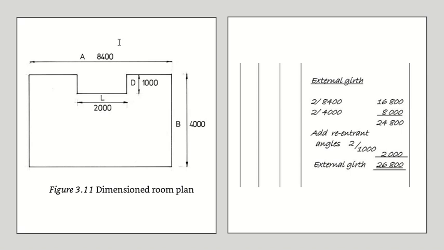Because to get the external girth, I have to incorporate what they are calling re-entrant angles, because it's entering, right? So that's why re-entrant. So you have to see now how much you are going in. We are going in 1000 and it has two faces, right?